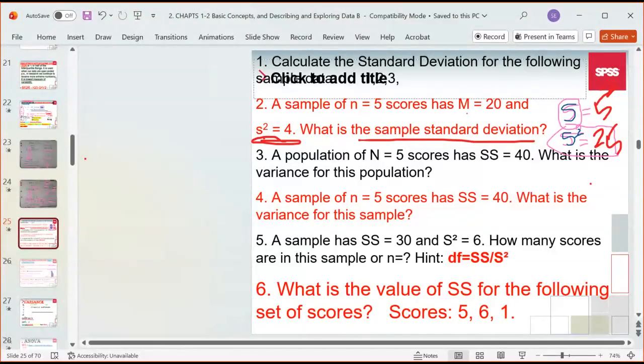All these numbers are distractions. N is 5, M is 20. If I give you the value for variance, which is 4, the standard deviation will be the square root of that. They want the standard deviation for the sample, S. So the square root of 4 is 2. That's it. No calculation.